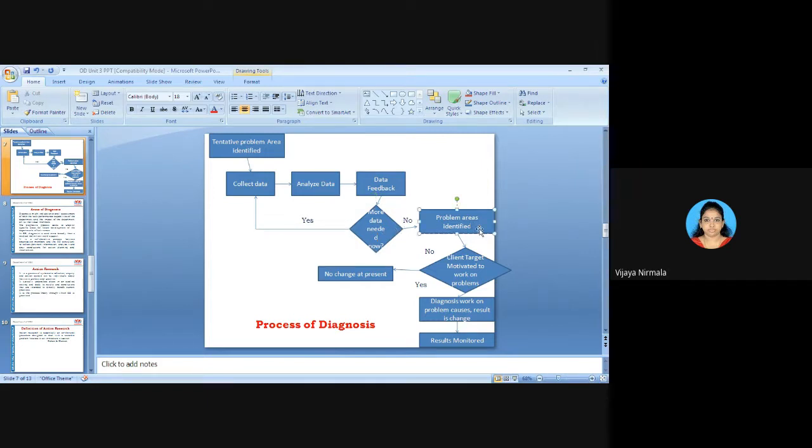The next one, problem areas to be identified, and the other one is client target motivated to work on the problems, diagnosis work on the problems which results in change, and the last one is results to be monitored. If there is a change, this process continues, and if there is no change, the same procedure will be continued. So this is how the process of diagnosis will be.